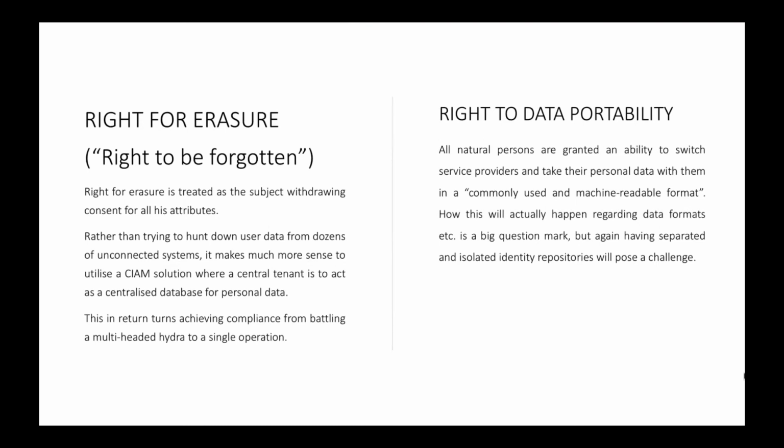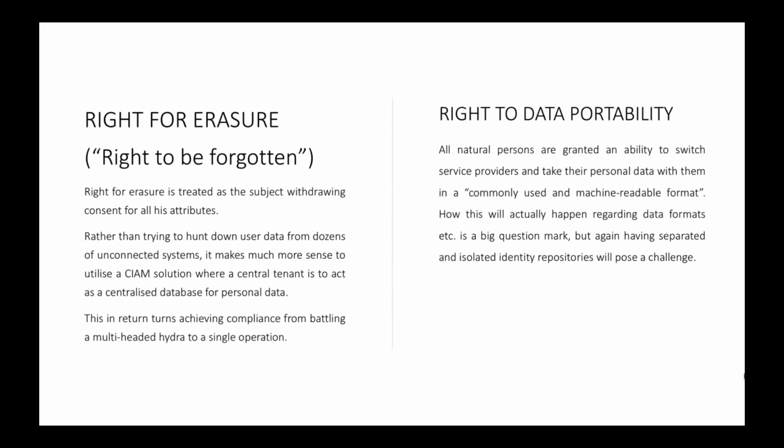Now we have two specific rights granted under the GDPR. First is called the right for erasure, most commonly known as the right to be forgotten on steroids this time. And the other one is the right to data portability. And the first one, right for erasure, is simply treated as the subject withdrawing consent for all of his or her attributes.